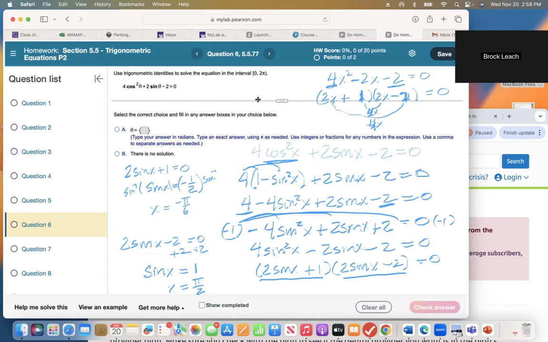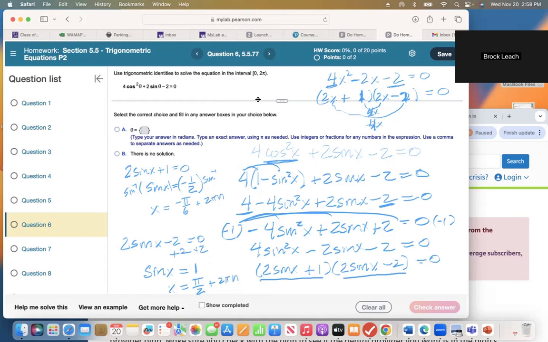Here they want us to do the interval between 0 and 2 pi. But if it was the infinite, I would go plus 2 pi n and plus 2 pi n. Pi over 2 with sine, which is the y, we get that at 90 degrees or pi over 2, and every other 2 pi added to that.